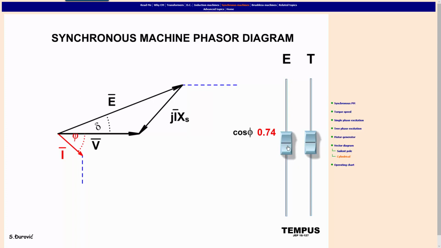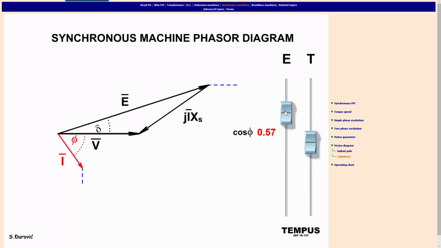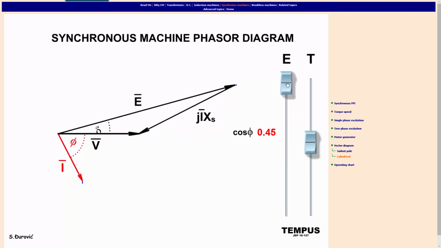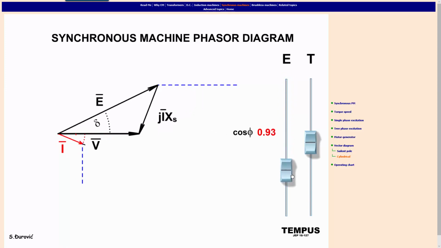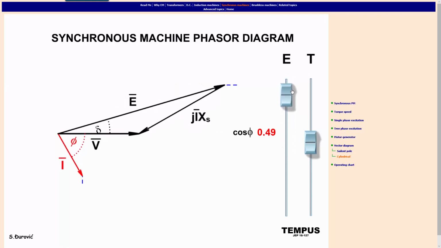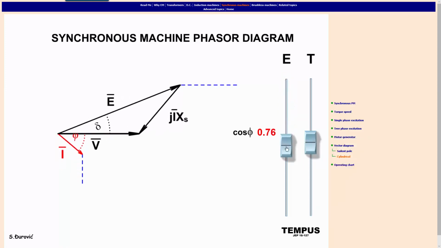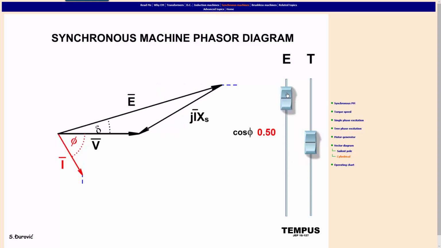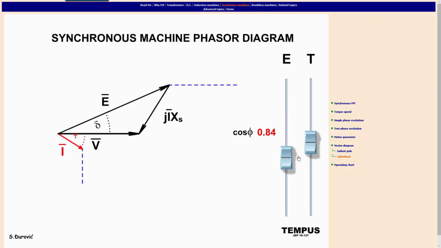Okay, let's adjust field current and EMF and observe what will change. When you increase field current, here you see there is a change in current magnitude, and there is a change in power angle, phase angle.